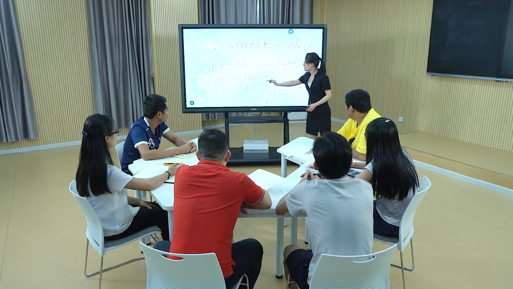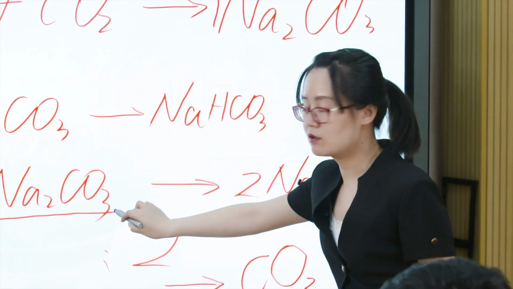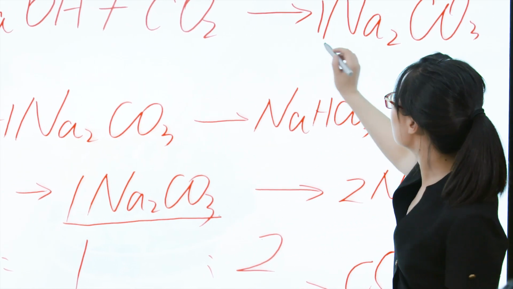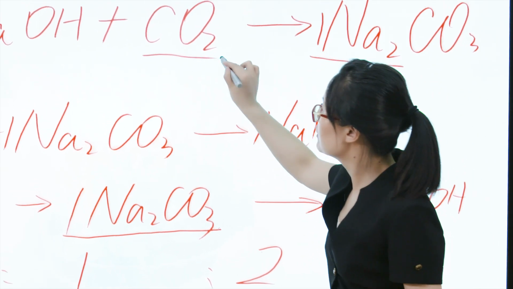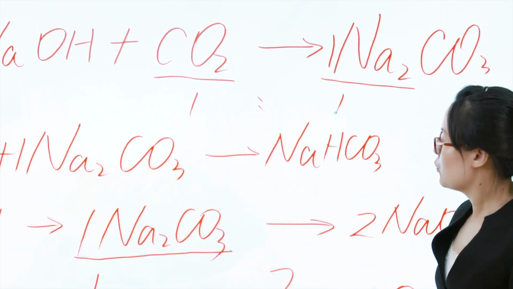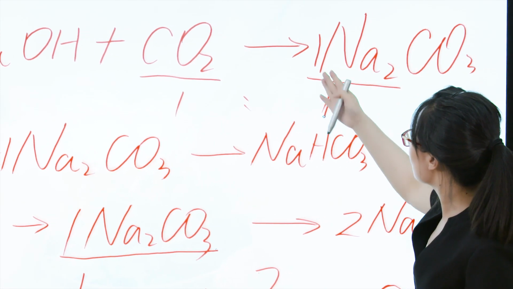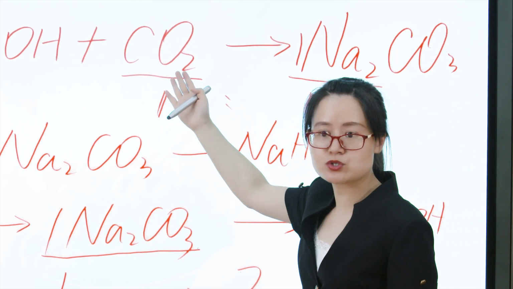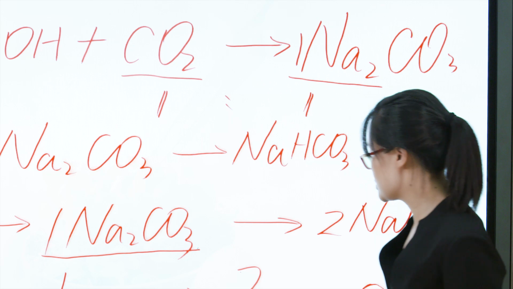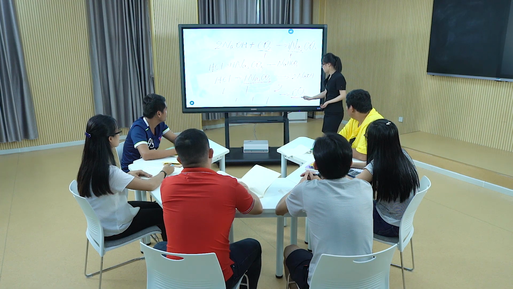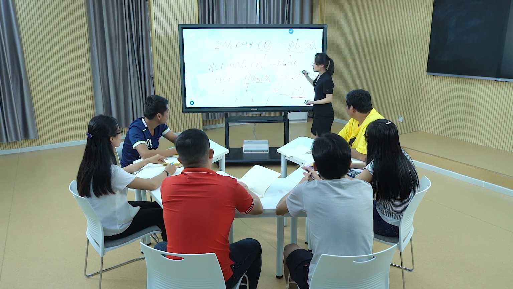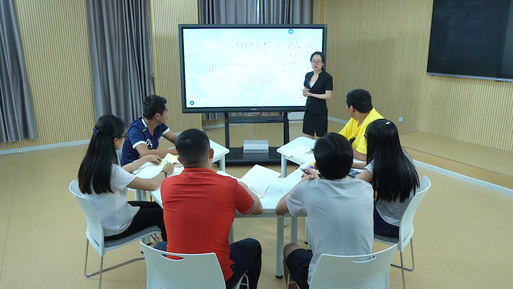This 1 is the amount of Na2CO3, but also the amount of CO2. That's why from the difference, we can get the amount of CO2. Okay? So since we know the amount, can we calculate the gram?